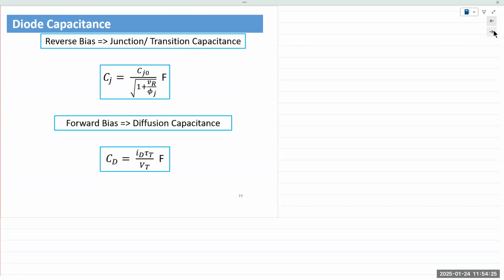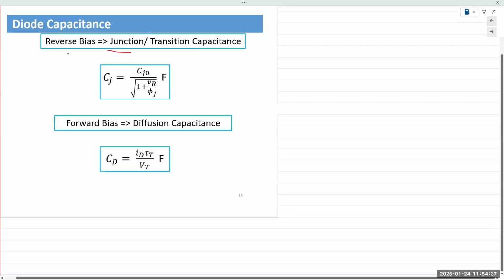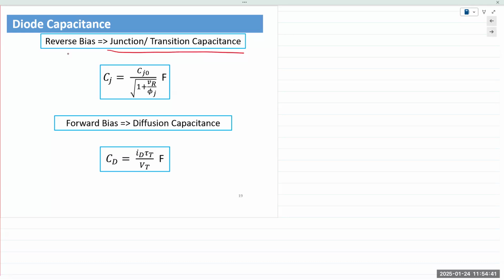If there are two separate charges being held, separated by some distance, then we can model it as a capacitor. That capacitance is modeled and labeled as the junction capacitance. Before we talk about both, let's talk about how this is created and how it looks.